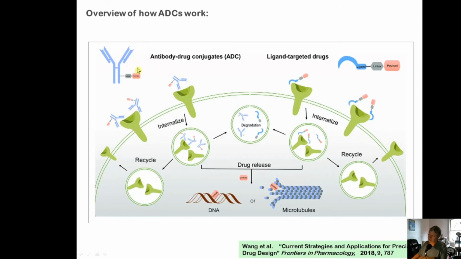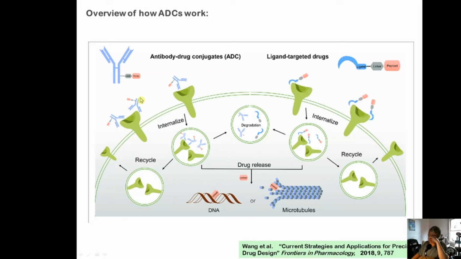Okay, so how do these work? This shows how an antibody-drug conjugate floats outside of the cell, and it's usually targeting some marker on the cell. Fortunately, cancer cells often have a protein that can be targeted by an antibody, so it attaches and specifically targets a protein.